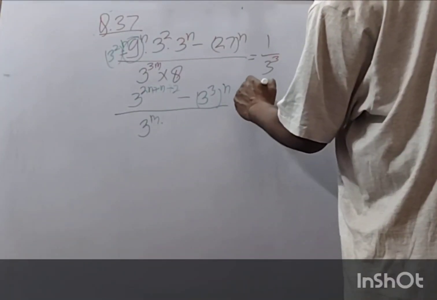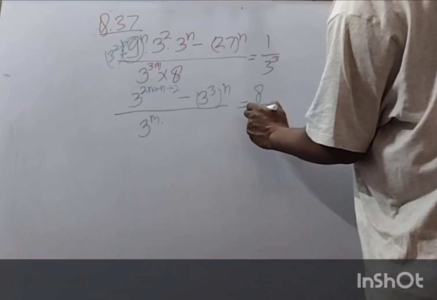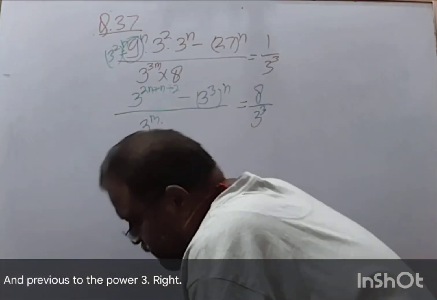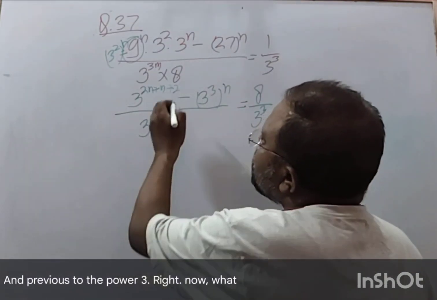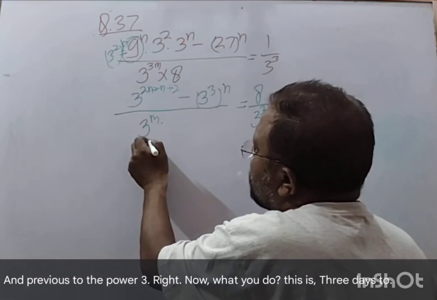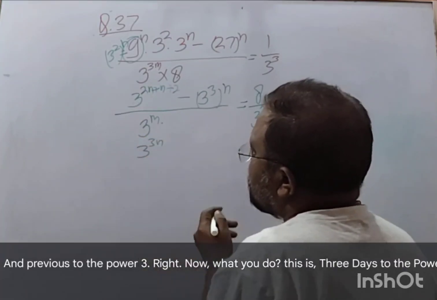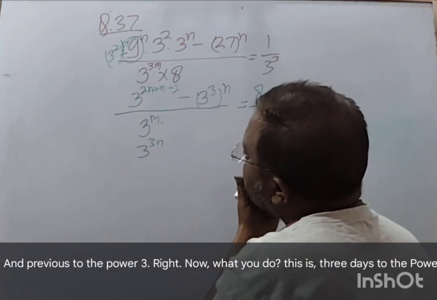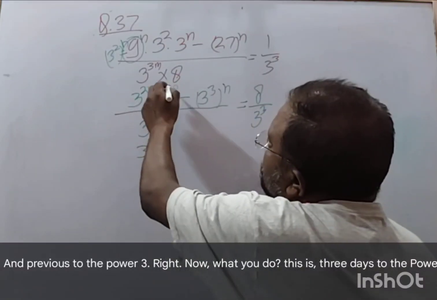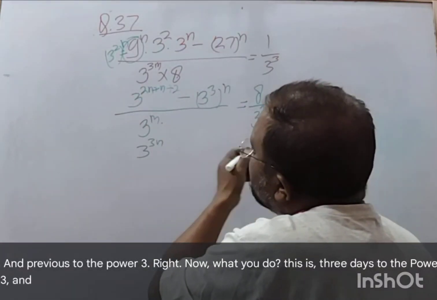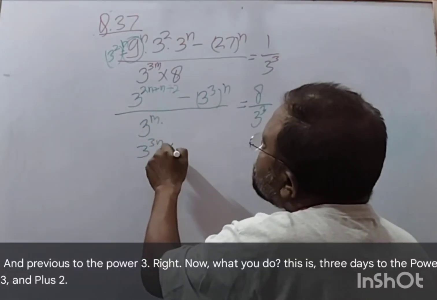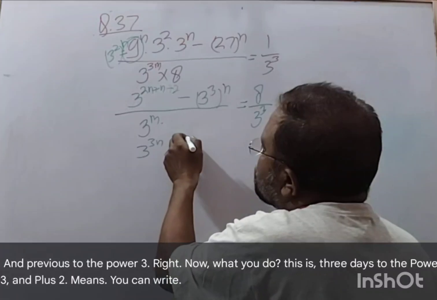You bring 8 on this side, and 3 raised to the power 3, right? Now this is 3 raised to the power 3n, plus 2 means you can write 3 raised to the power 2.